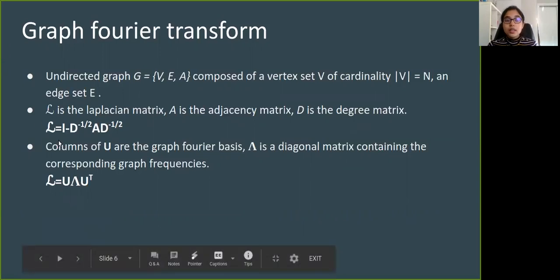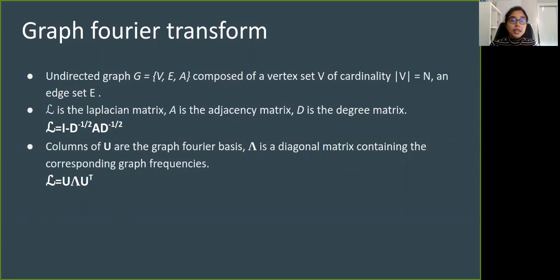You can see the I is the identity matrix n cross n, D is the degree matrix of the graph, and A, as I mentioned, is the adjacency matrix.